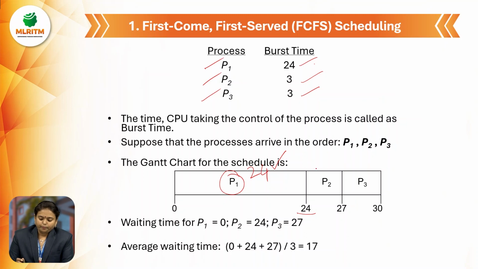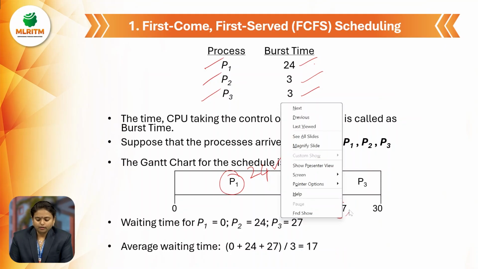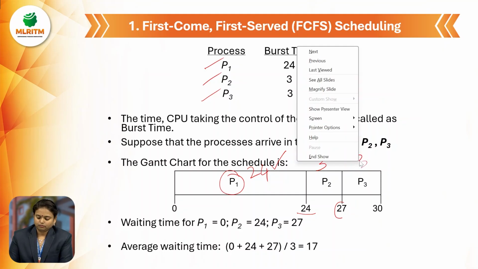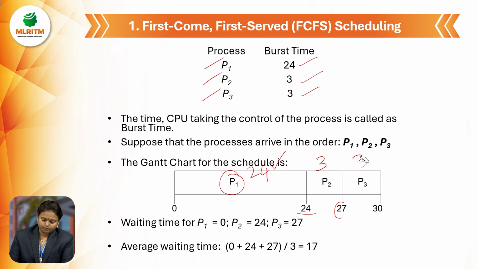And what is the P2 burst time? 3. So 24 plus 3 is 27. This is the waiting time of P3. Next P3 will enter after its waiting time, and the P3 burst time is 3. 27 plus 3 is 30.